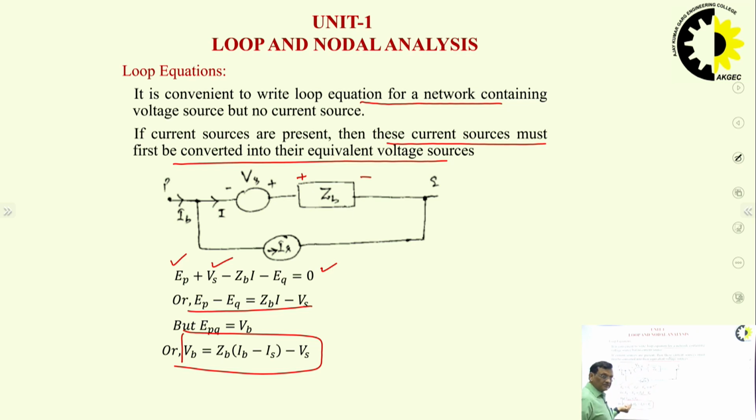I have written this equation for a single branch. There may be a large number of branches, so you have to write the equation for each and every branch. So the branch voltage VB is equal to ZB times (IB minus IS) minus VS.